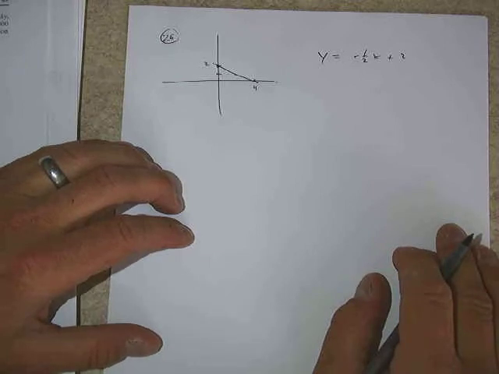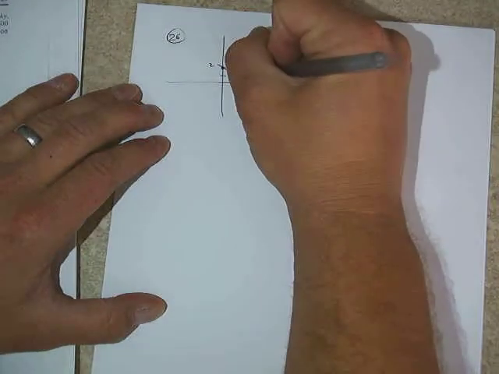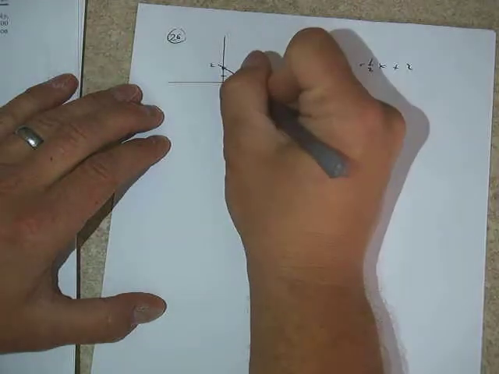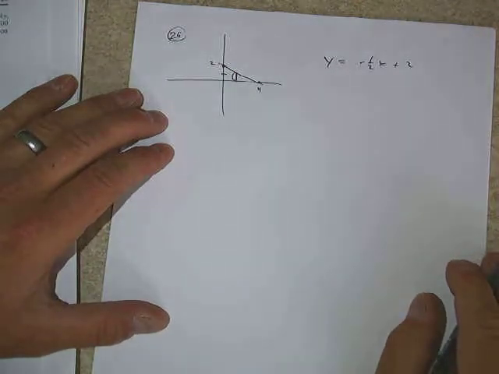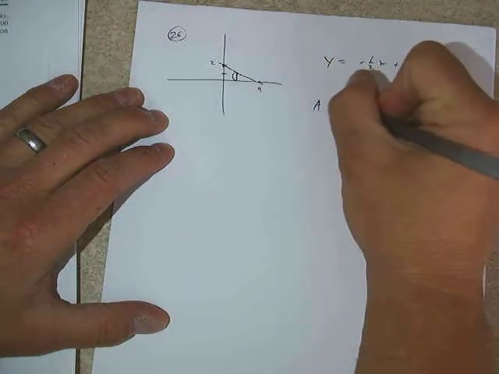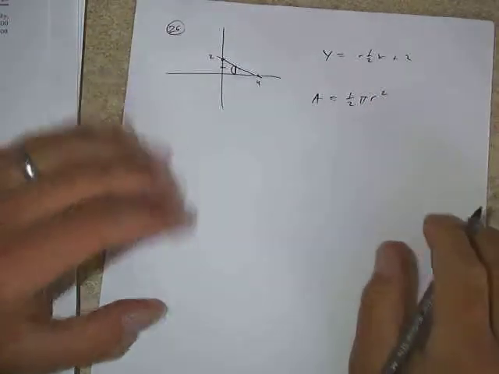We subtract x from both sides and then divide by 2. So we'd have a plus 2 here, down 1 over 2, down 1 over 2. So we ultimately have that shape right there, which has intercepts at 0, 2 and 4, 0. All right, so that's our shape.